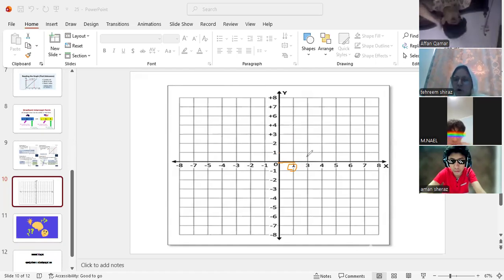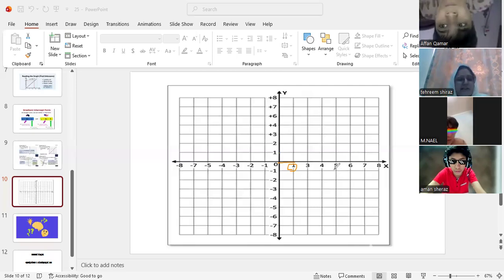Write 1, skip 1 box, write 3, skip 1 box, write 4, skip 1 box, write 5, skip 1 box, write 6. Now, for the y-axis, 1 centimeter represents 1 unit on the y-axis. Skip 1 box, write 1, skip 1 box, write 2, then skip 1 box, write 3, and so on.